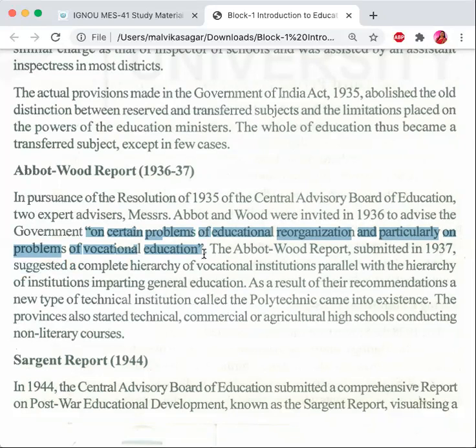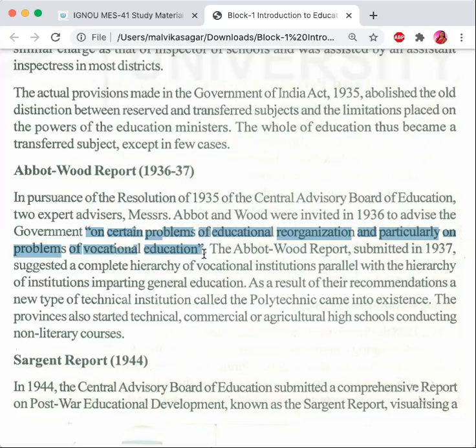So, the answer is the Abbott Wood Report, in the year 1936-37. The Abbott Wood report submitted in 1937 suggested a complete hierarchy of vocational institutions parallel with the hierarchy of institutions imparting general education. As a result of their recommendations, a new type of technical institution called polytechnic came into existence.